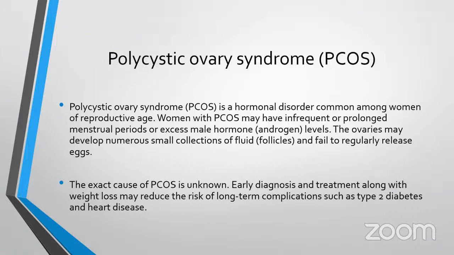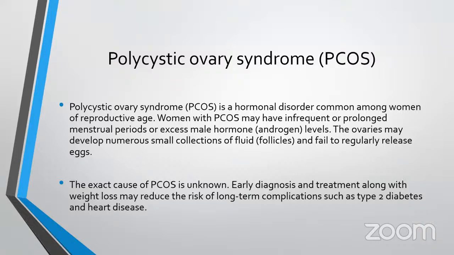Polycystic ovarian syndrome is very common these days in young girls. It is also a hormonal disorder, common among women of reproductive age. Women with PCOS may have infrequent or prolonged menstrual periods. They may not have a period, and suddenly they will have one, so it will be very irregular.